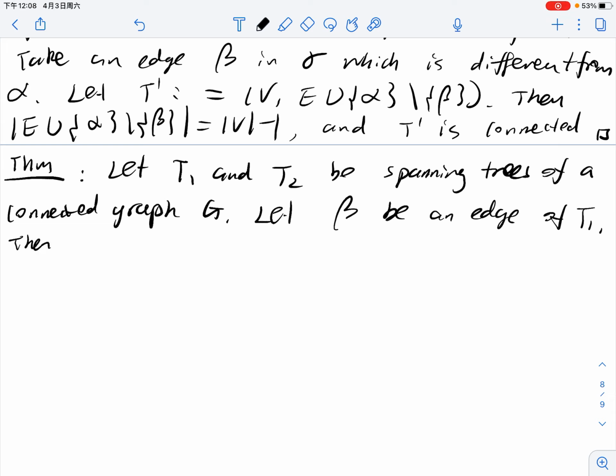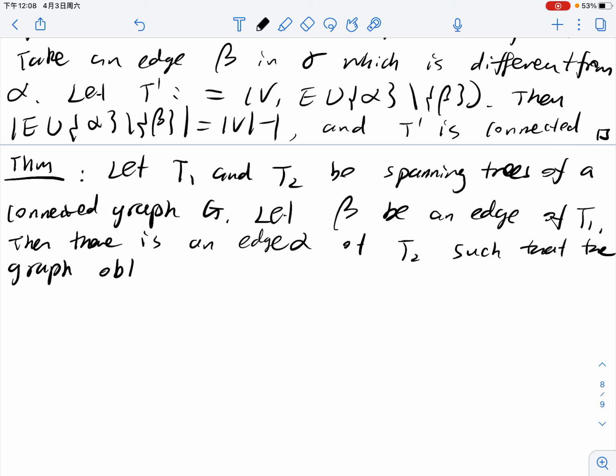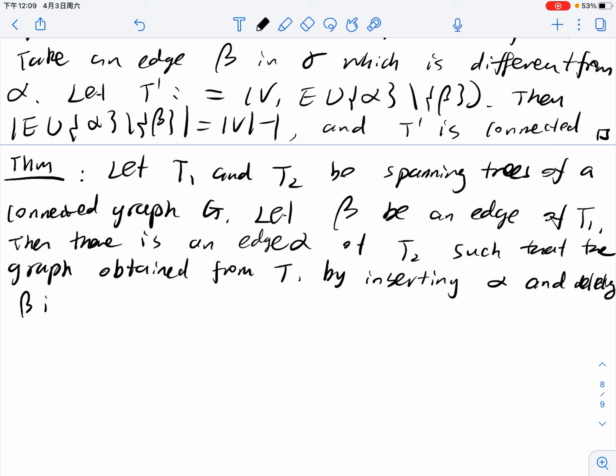Then there is an edge alpha of T2 such that the graph obtained from T1 by inserting alpha and deleting beta is a spanning tree of G.